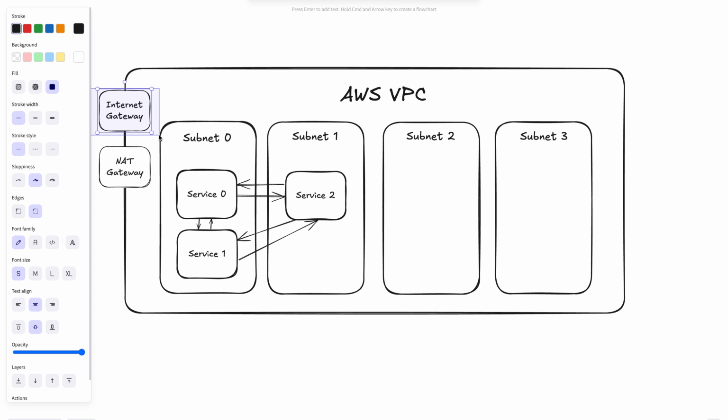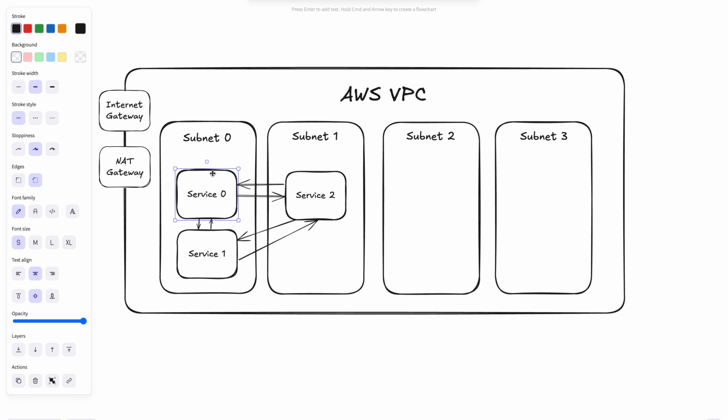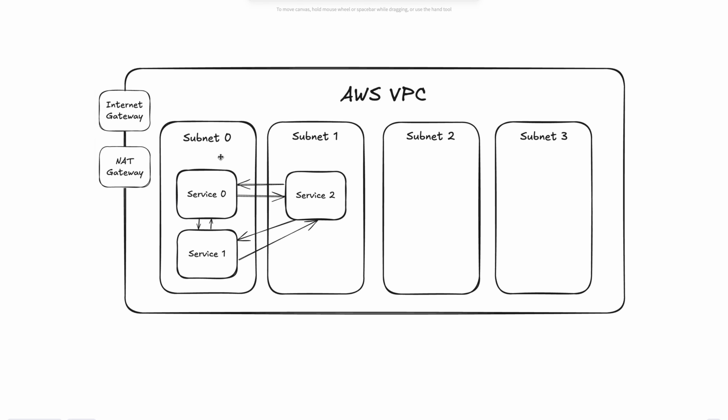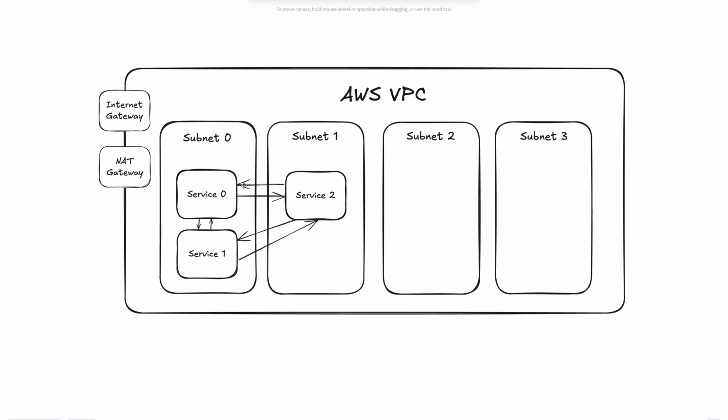The Internet Gateway is something that lets our services be publicly accessible. So let's say we have service 0, which is our API. We want this API to be publicly accessible. By default, if our service is deployed in a subnet in the VPC, the network configuration for this subnet is set up to work within the local private network.